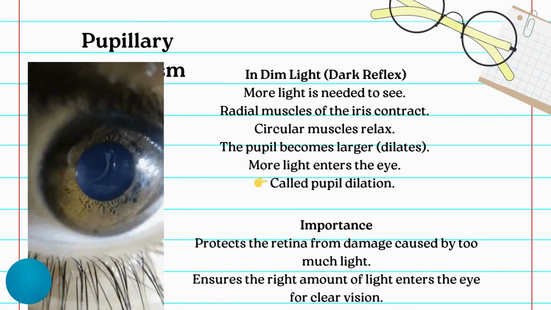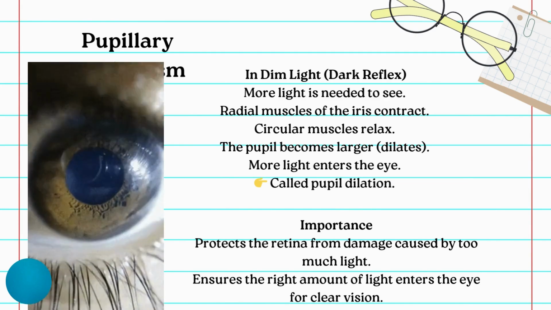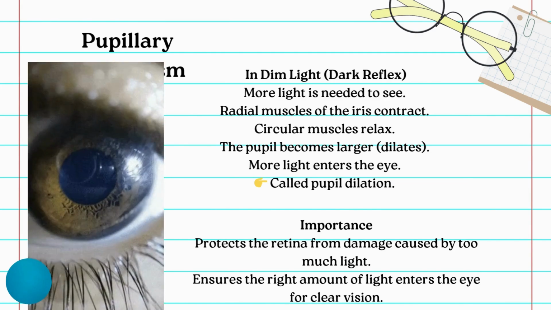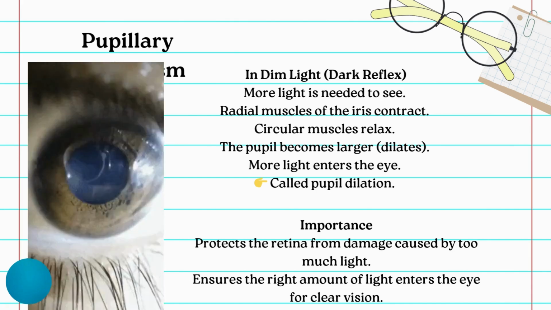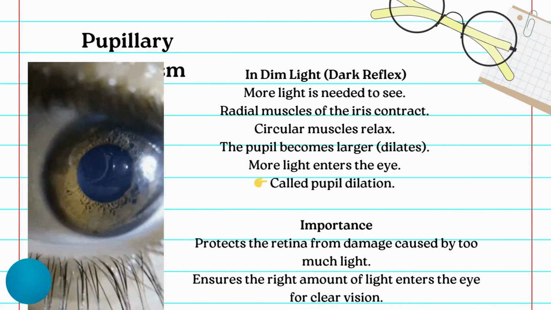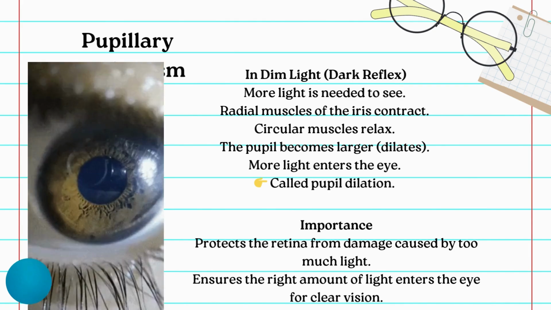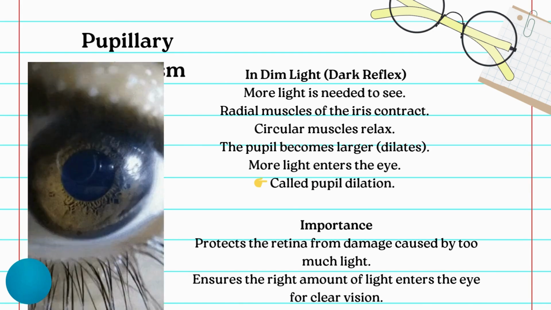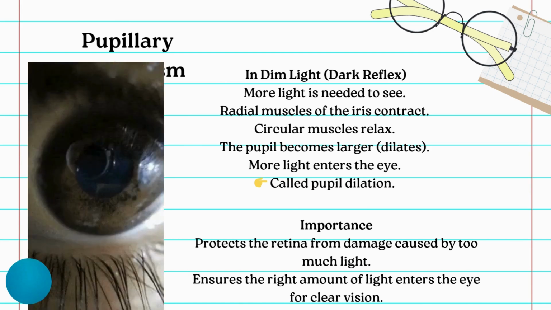So what will happen is that your circular muscles now will relax, as if you're letting go of the ball. The ball is going to go back into its shape. It's going to enlarge in circumference, but now your radial muscles, the straight muscles, are the ones that are constricting.